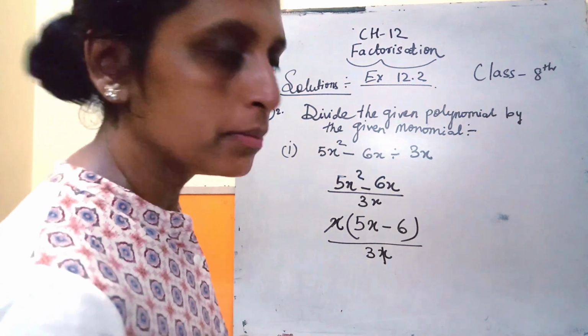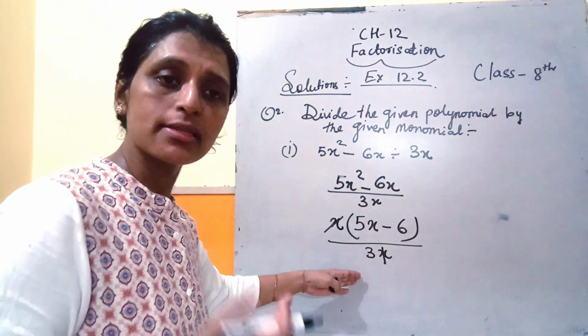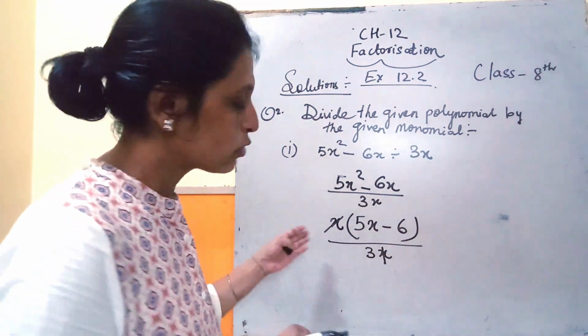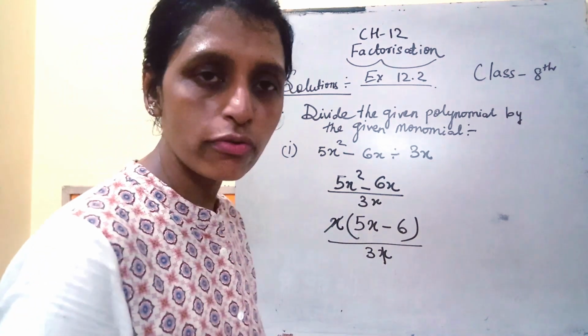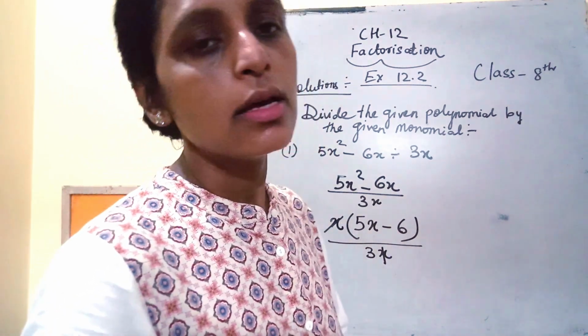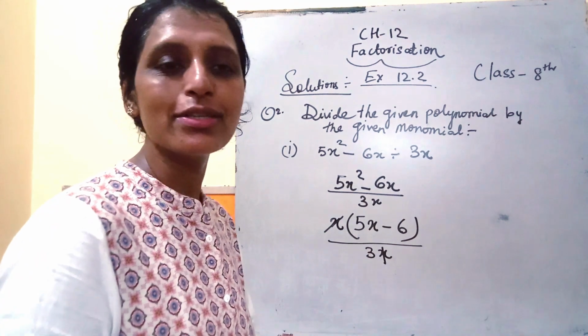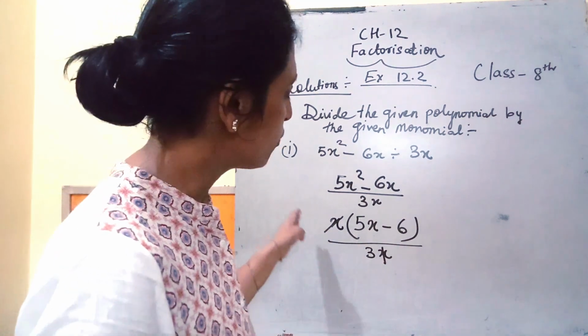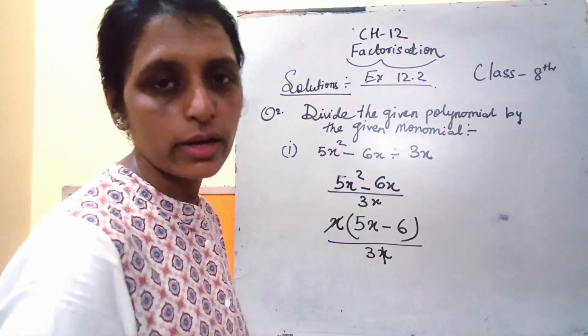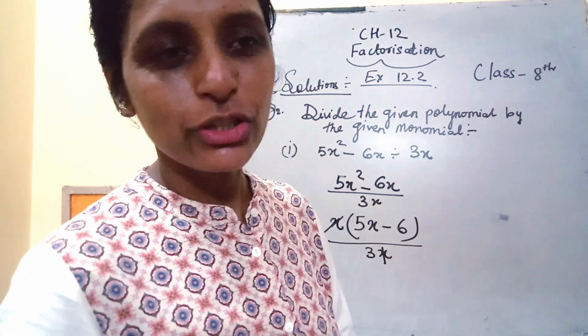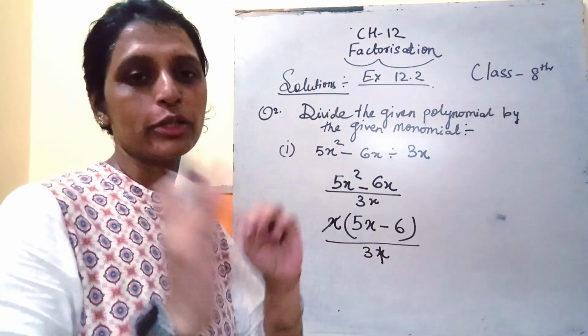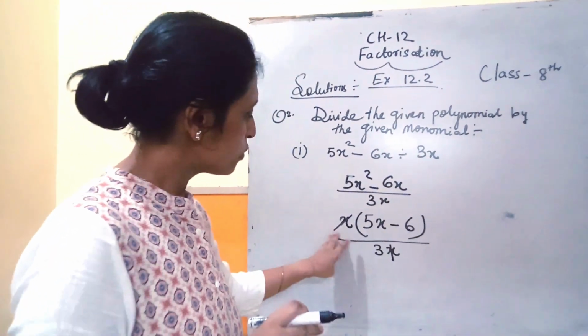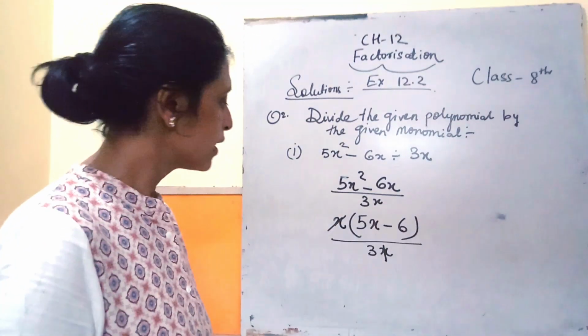You know very well how it got cancelled, because we have applied the laws of exponents. When the bases are the same and the powers are different, the powers get subtracted whenever we apply the operation of division. So this x and this x will get cancelled.